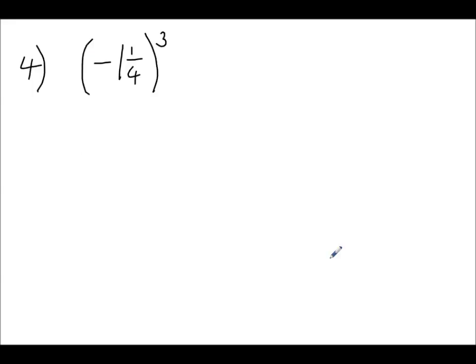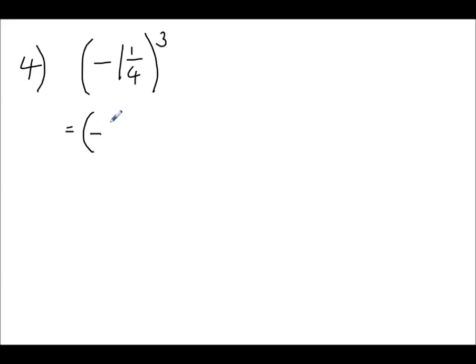Let's have a look. Now we are cubing a mixed number. Remember, you cannot cube or square mixed numbers, so the first thing we're going to do is change it to an improper fraction.